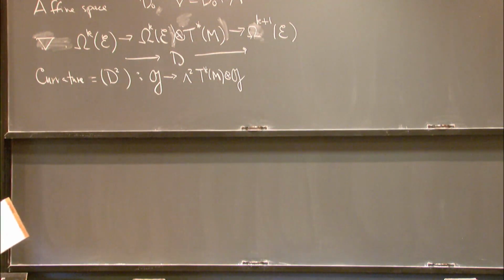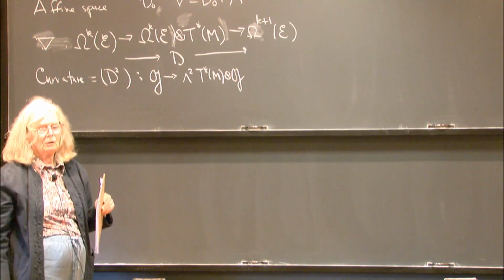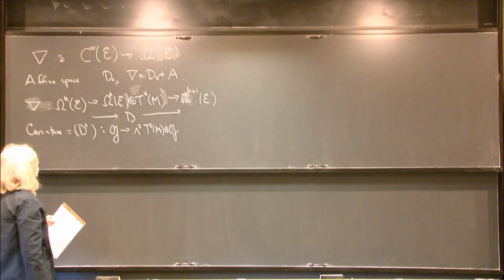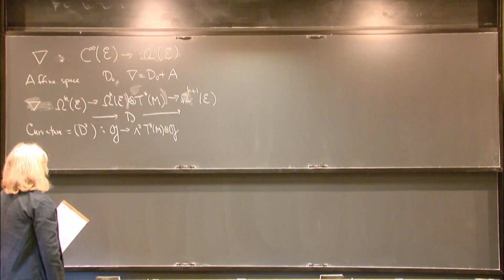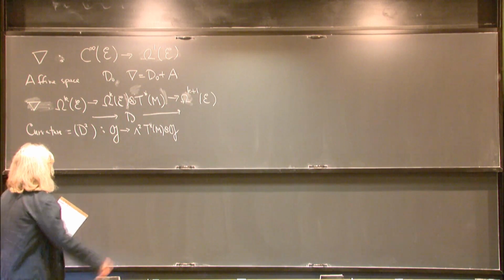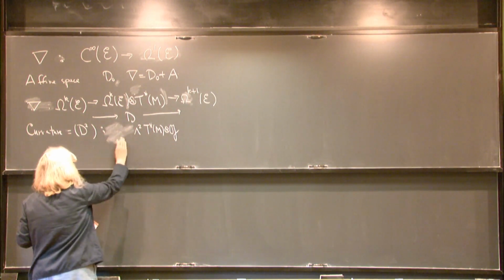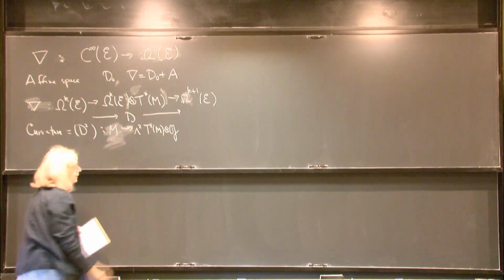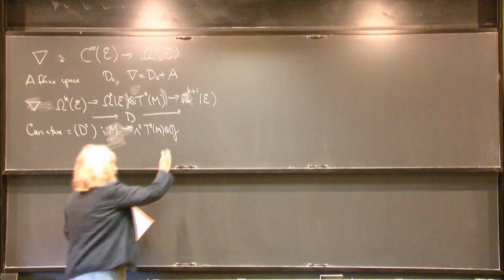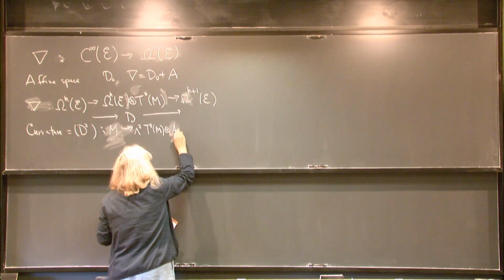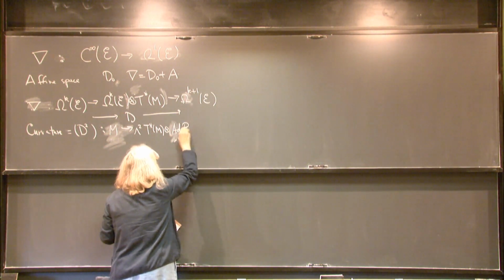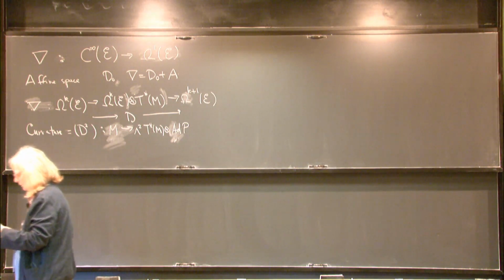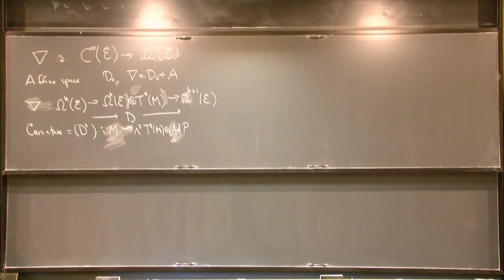I mean, it's a section of this bundle. You have to erase one G. You don't have G on the left and on the right. The G of the end of... Oh, I guess that's right. No. D squared, which that's N. There we go. I got it. Right, and this is ad P. Okay, there you go.